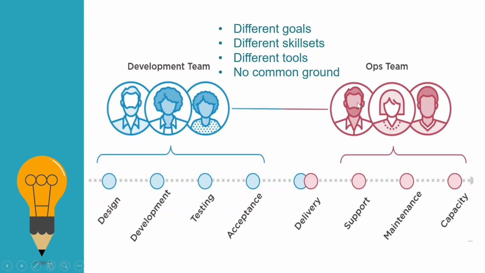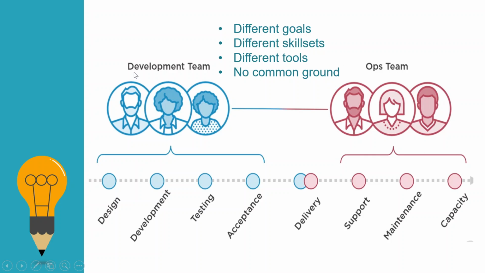The ops team will handle the delivery from the development team, and from then onwards, the ops team will take care of supporting and releasing it into production, and the ops team should support if anything happens, like if the customer base suddenly grows tremendously and the CPU can't cope, we need to do either horizontal scaling or vertical scaling. Generally the ops team will do support, maintenance, and also capacity. Everything will be taken care of by the ops team.